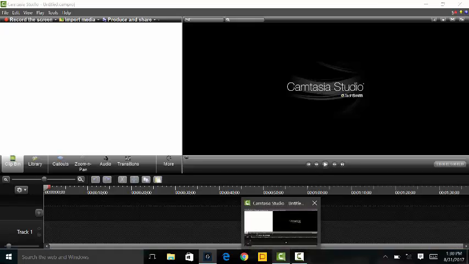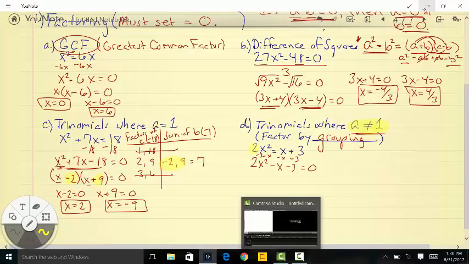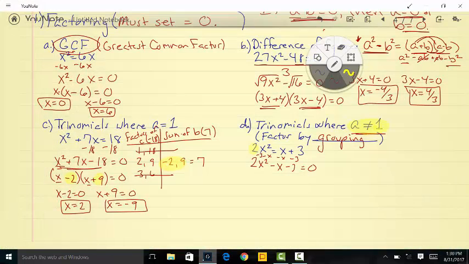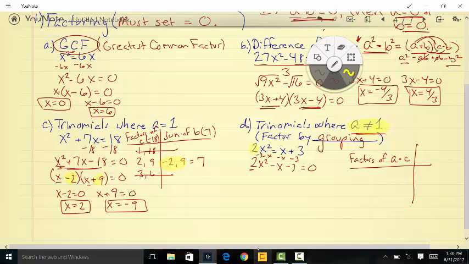And when we get this in standard form, we see that it matches the definition of a quadratic equation, and we have a not equaling 1. So when that happens, we have to find the factors of not just c, but a times c, that have a sum of b.